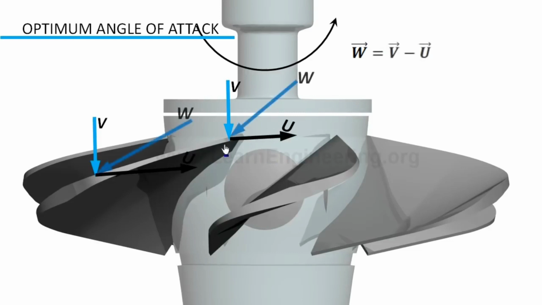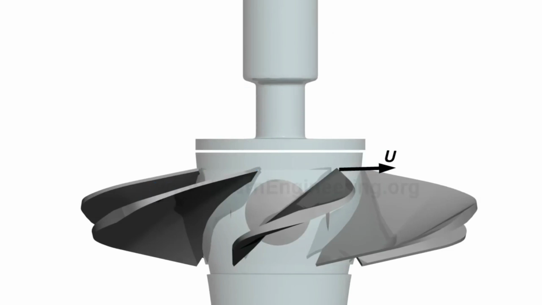The relative velocity will be inclined depending upon the blade velocity. Inclination of the relative velocity increases as we move away from the rotor tip. There should be a continuous twist in the blade from the rotor tip so that at every cross section the angle of attack is optimum. With varying flow conditions, the relative velocity will change drastically.